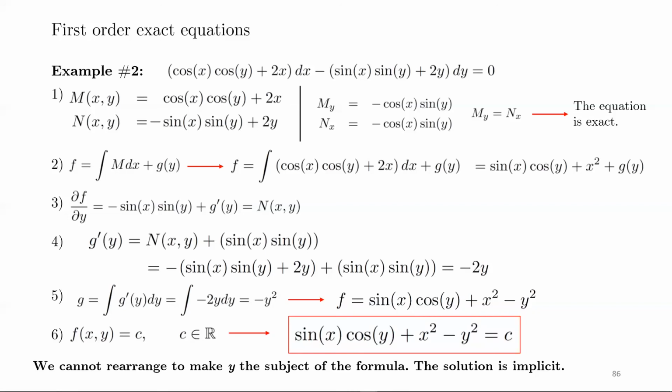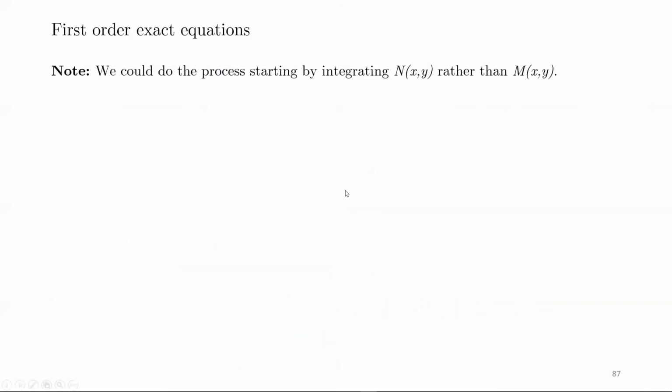And just to finish today, I'd like to point out that when we solved this equation, we did this by calculating df by dx is equal to M. We could have also done this backwards. We could have started, instead of integrating df by dx equals M, by df by dy equals N. There's no problem here.